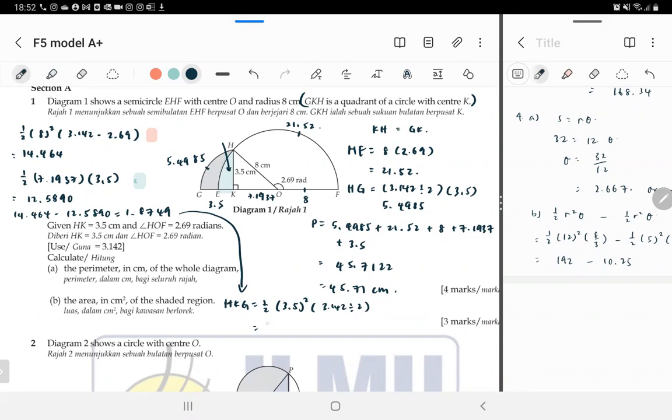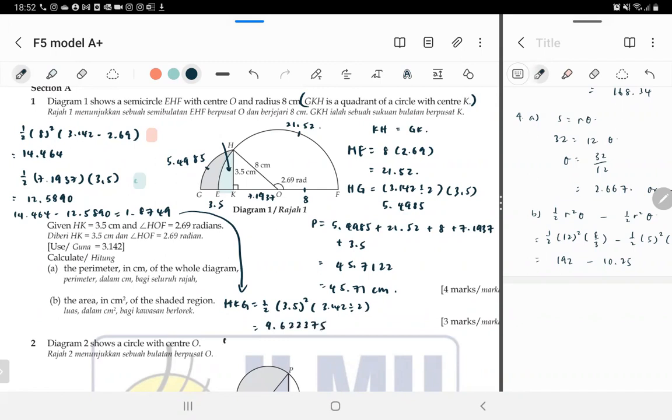Which one? The HKG. HKG, before minus, that one I got 9.622375. Okay.